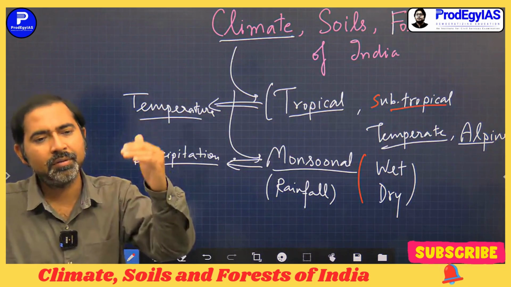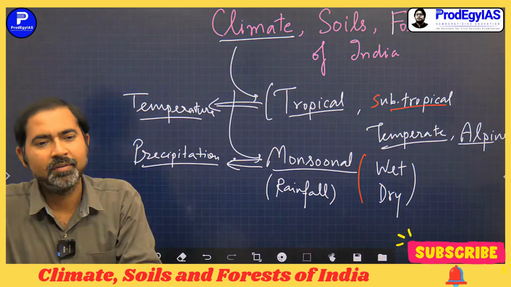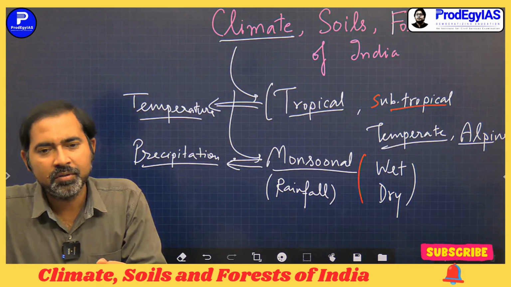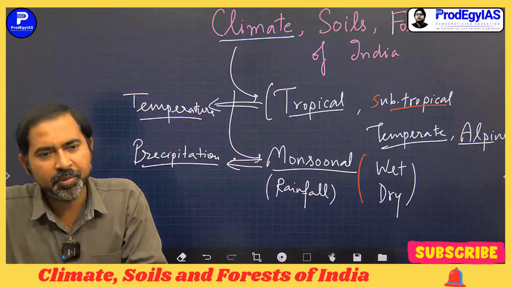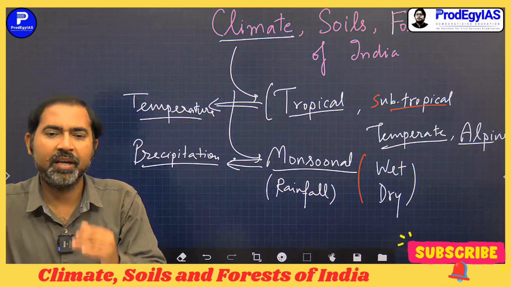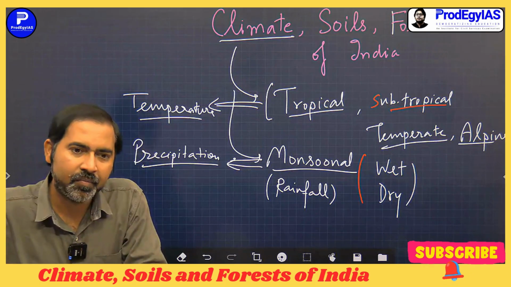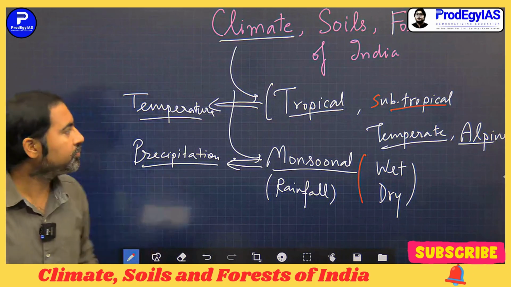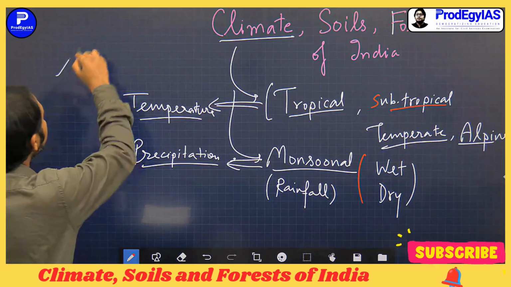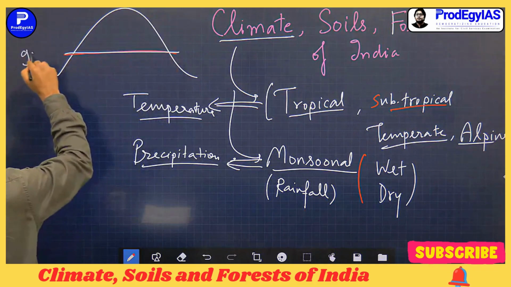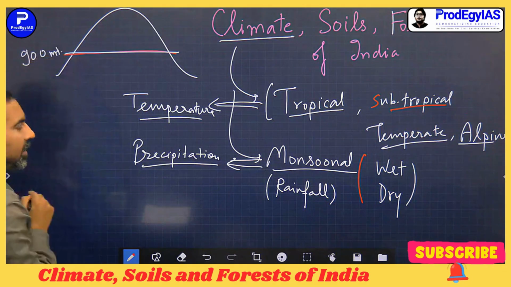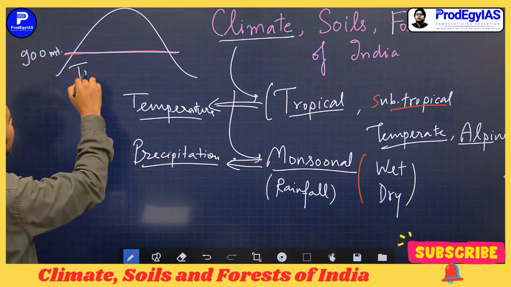Just altitude. As you go higher in altitude, the climate becomes subtropical, then temperate, then alpine. Means as you go into mountainous areas. Largely, up to the height of 900 meters, it is tropical.